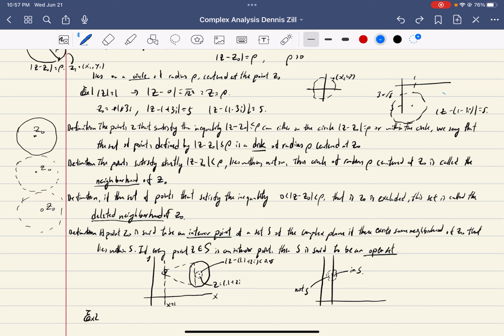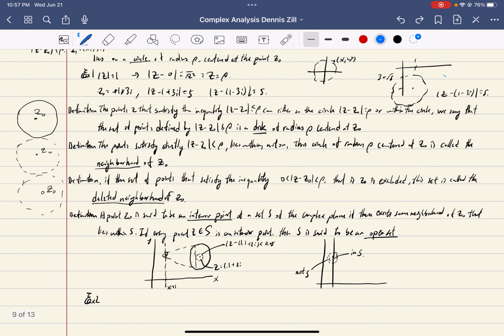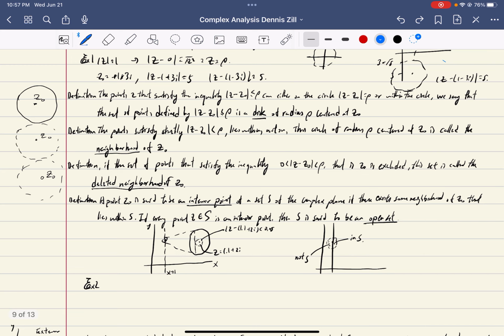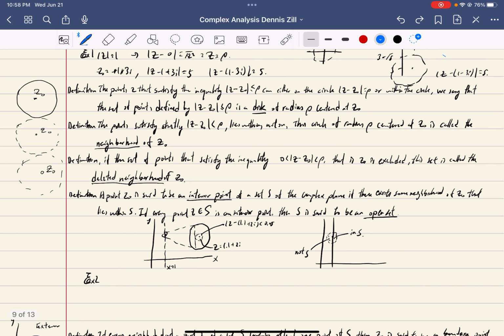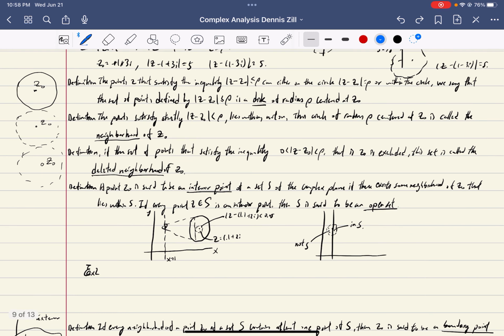It can be on the edges or off the edges. We say that the set of points defined by this inequality is a disk of radius rho centered at z0, which is illustrated over here. I drew the image, with the center at z0 and radius rho.